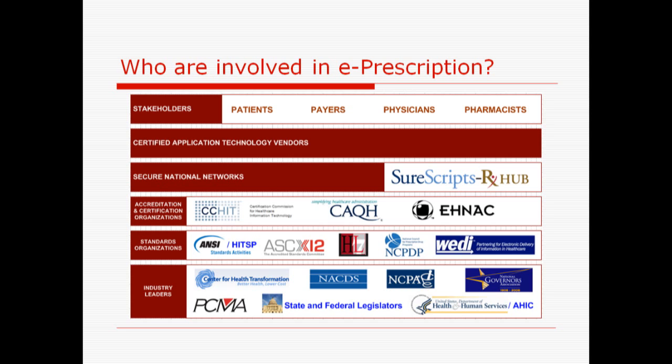SureScripts, RX Hub, ENHEC, ANSI, NCDPP are a few examples of this. These include stakeholders, certified application technology vendors, secured national networks, accreditation and certification organizations, standard organizations, and industry leaders.